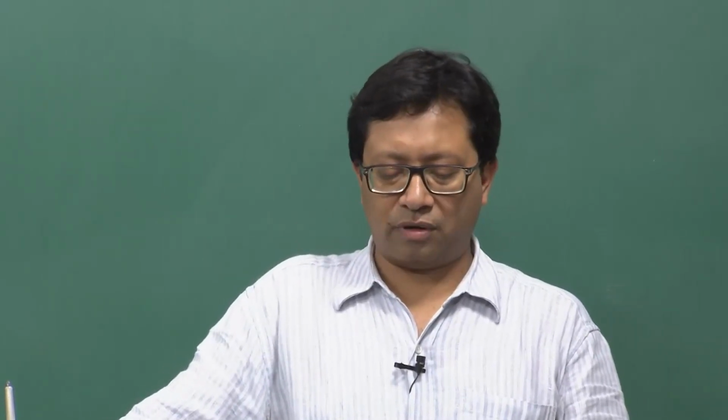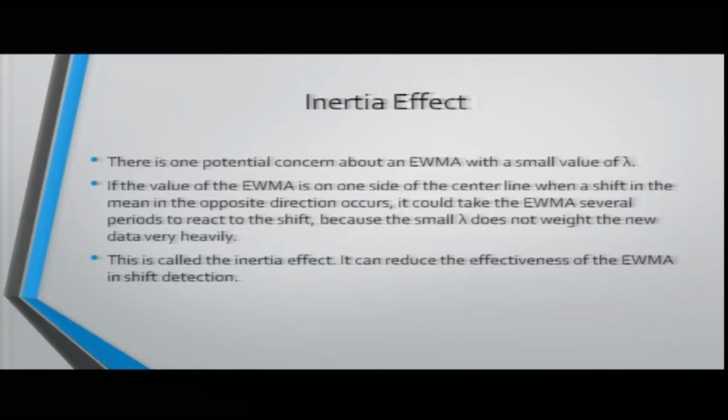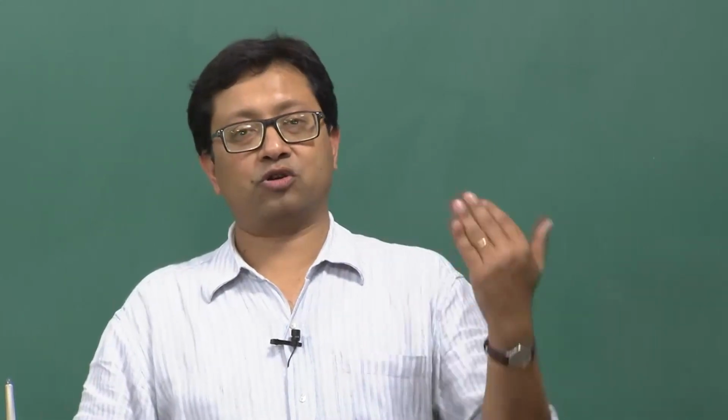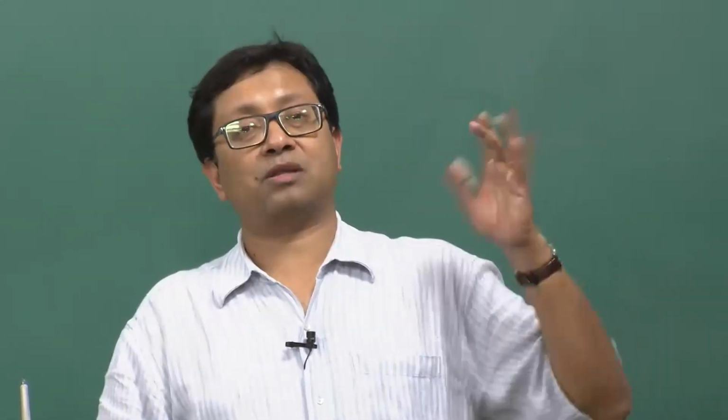If the values of the exponentially weighted moving average are on one side of the central line when a shift in the mean is in the opposite direction, it could take this method several periods before it reflects the shift in the mean, because smaller lambda values do not weigh the new data very heavily. The new data, which is giving us more information, if we are not weighting it, will show its actual effect only later on, because we are putting more emphasis on the past data.